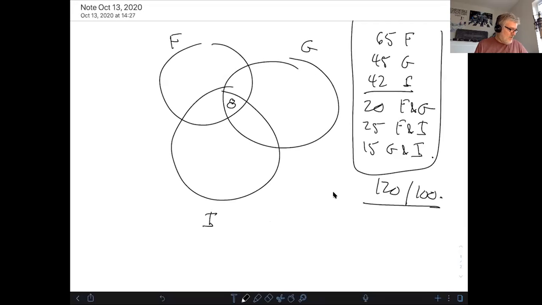Okay, good. So now what I'm going to do is work from the middle towards the outside. Let's take a look at this part here. I'd like to know the number of elements here. So this total region here is the students studying French and German, right?